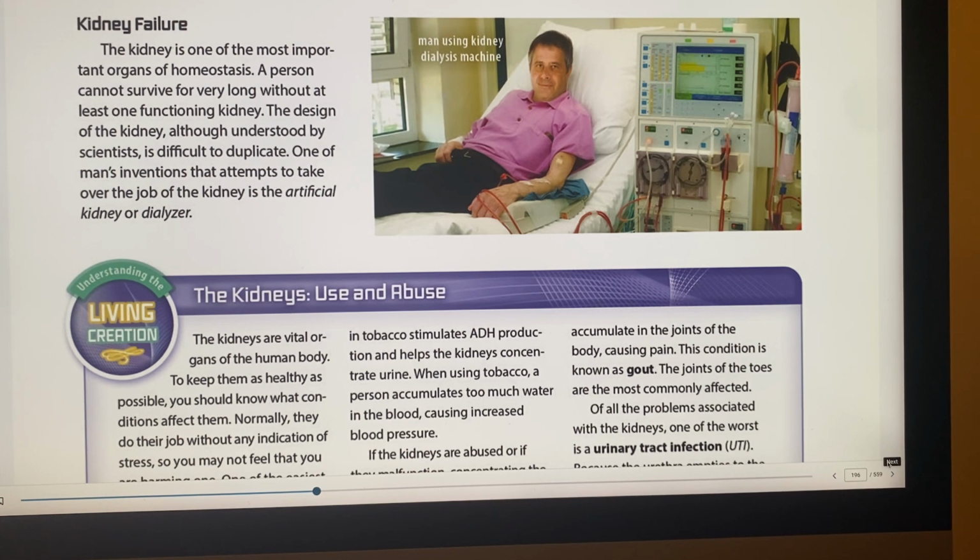Instead of going through the glomerulus and everything, the blood goes through a membrane in this machine, with tiny holes, a sieve like the glomerulus. But it's very time consuming, and of course they have to be on it quite often. So nowadays they have, well, anyway, let's go on.